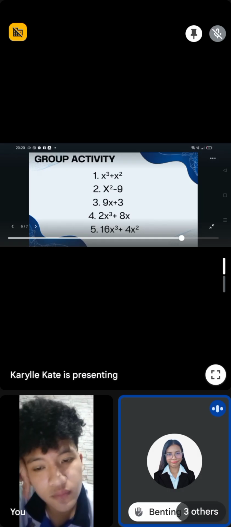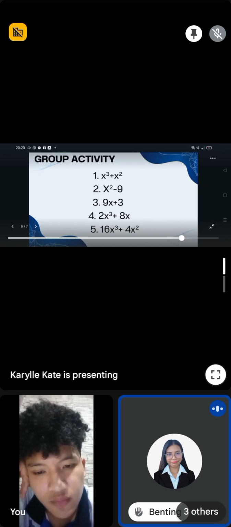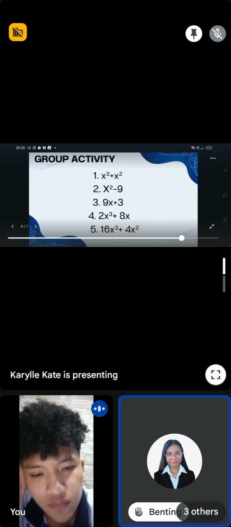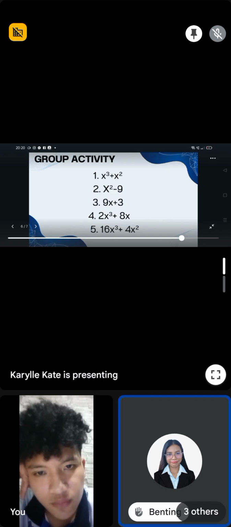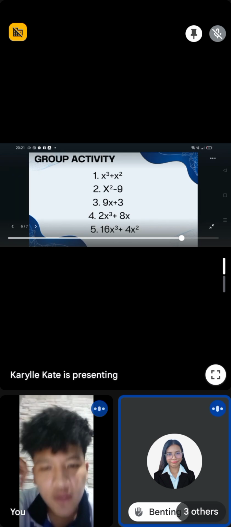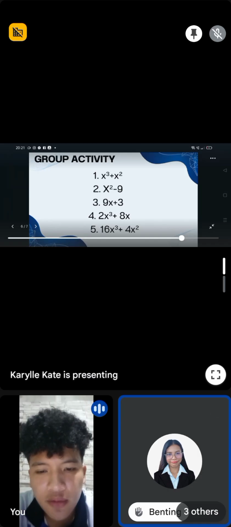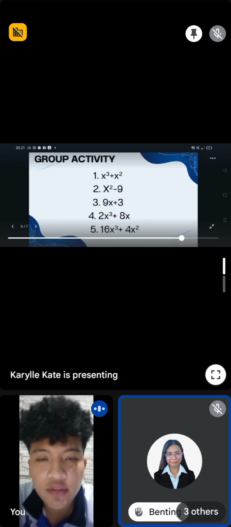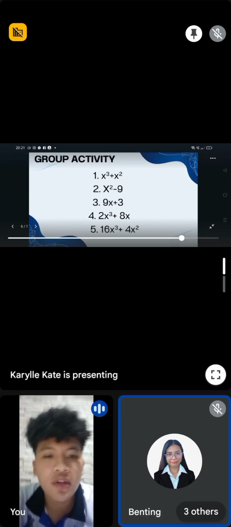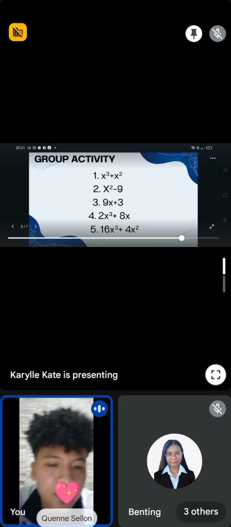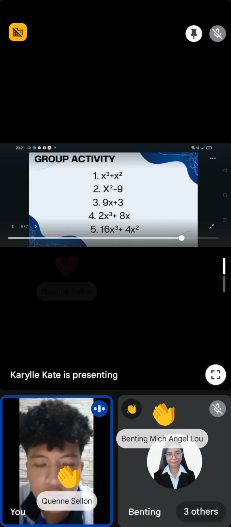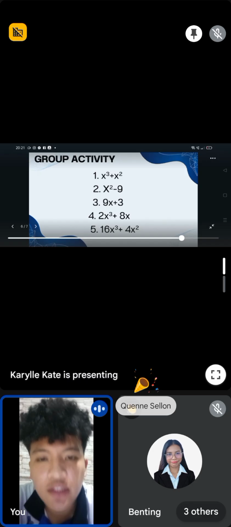So the greatest common factor is x squared. So we need to factor out x squared, and inside the parentheses is x plus 1. So Miss Binting is right, no? So the group of Miss Binting will receive 5 points. Yay! So yeah, let's proceed to the next.